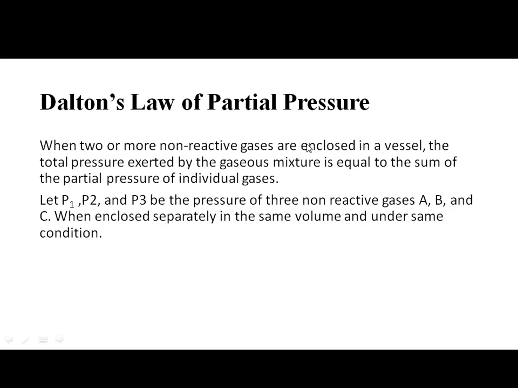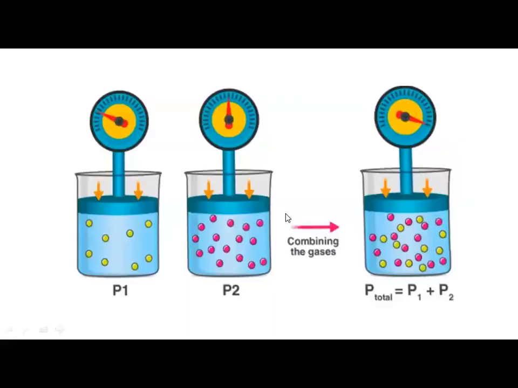Let P1, P2, P3 be the pressures of three non-reactive gases A, B, C, when enclosed separately in the same volume under the same conditions. They have considered two gases here, named gas 1 and gas 2. The two gases should be non-reactive; they shouldn't react with each other. When you take the two gases separately, you know that gases exert pressure.